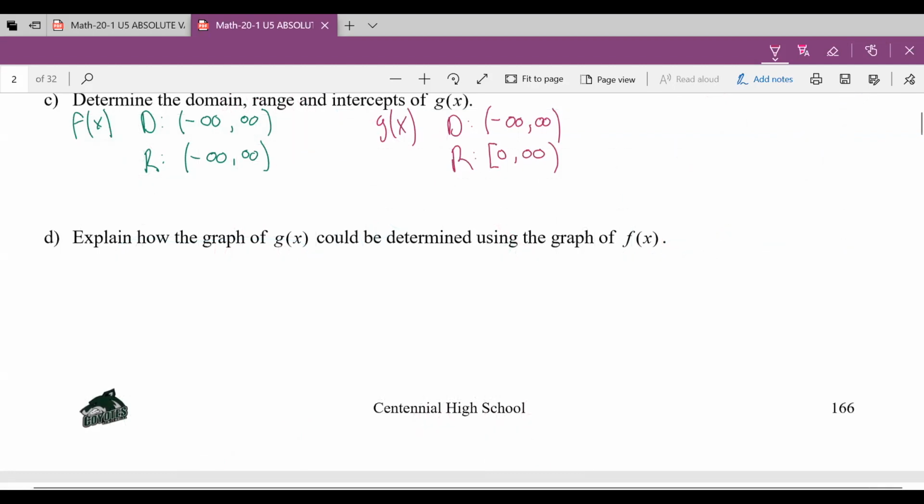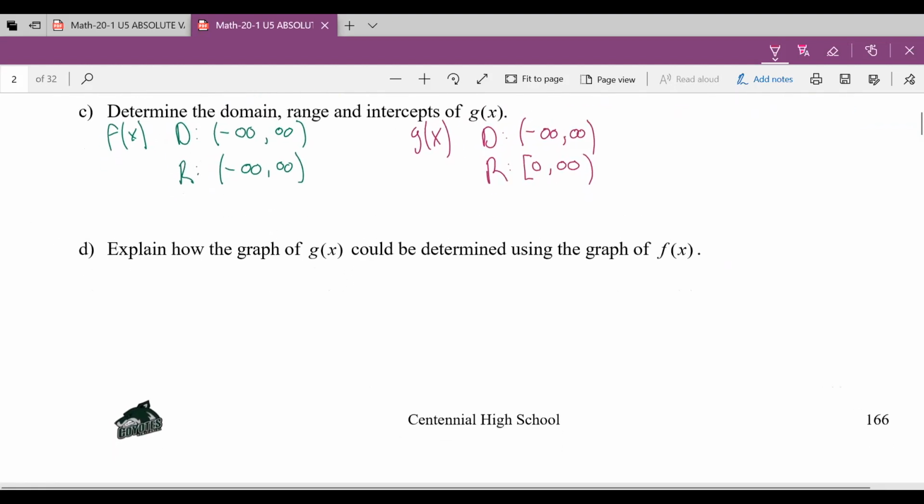Let's take a look now at putting into words what we think we've figured out here. Can we use the graph of f of x to determine what the graph of its absolute value function, g of x, is? Well, I think we can. So the first thing we'll say is that when f of x is greater than or equal to 0, g of x, or its absolute value, is the same.